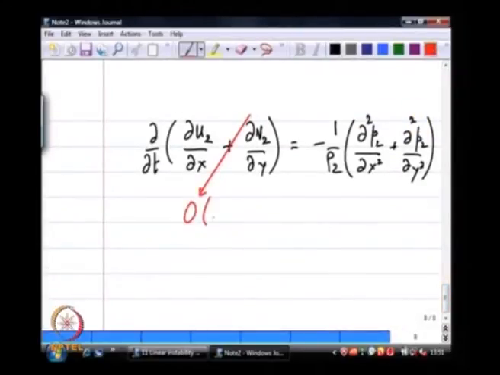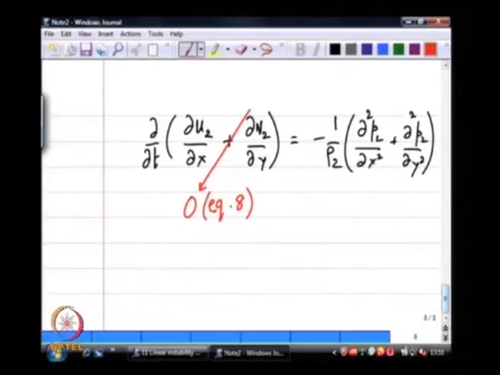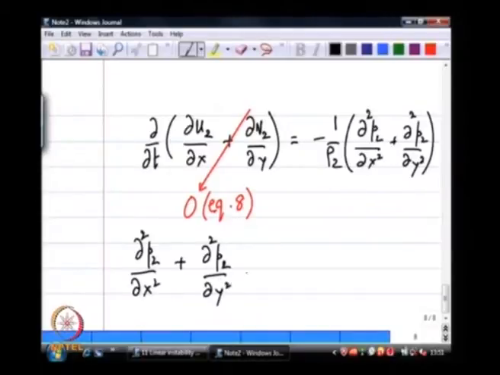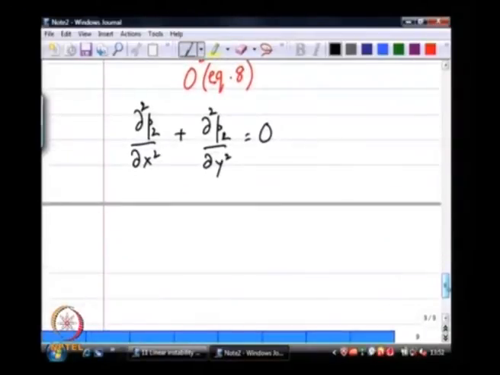So, using 8, that is what you get. We know how to solve this equation, that is our good old Laplace equation.